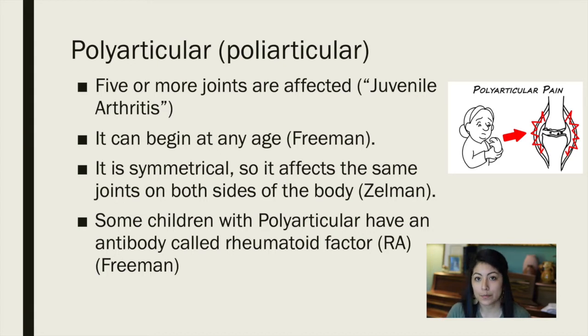There is an antibody called the rheumatoid factor that increases the severity of this type of arthritis in children. So this is also a factor that makes children carry arthritis with them into their adulthood.